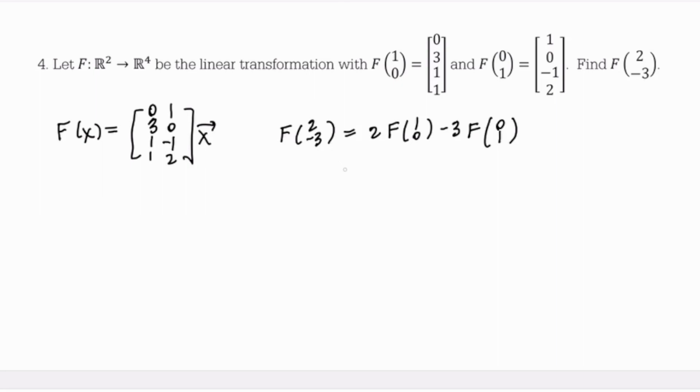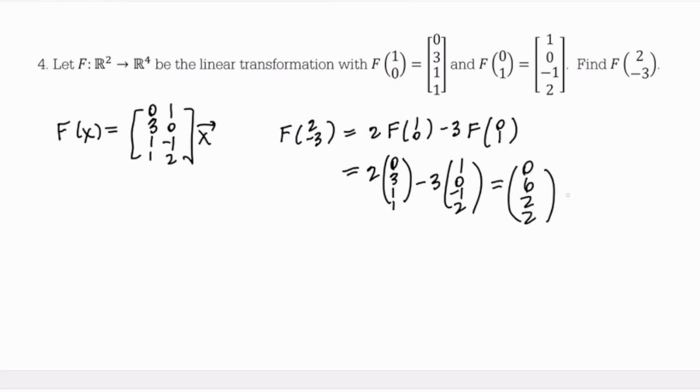And then that's 2 times (0, 3, 1, 1) minus 3 times (1, 0, negative 1, 2). That's going to be (0, 6, 2, 2), plus, I'm going to distribute the negative 3 over everything. And then that's going to be 0 plus negative 3, 6 plus 0, 2 plus 3, and 2 plus negative 6.